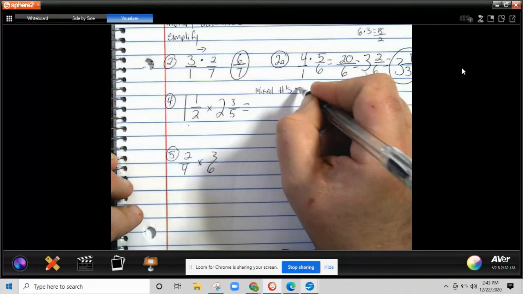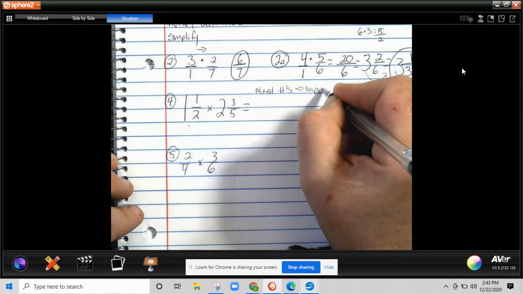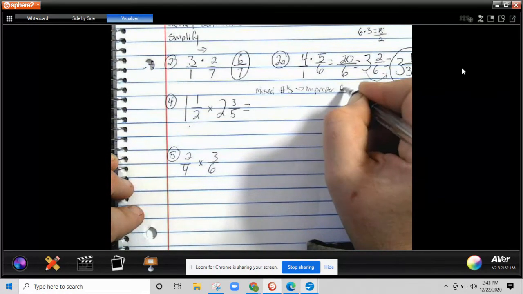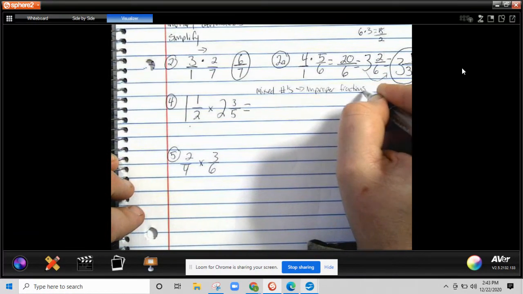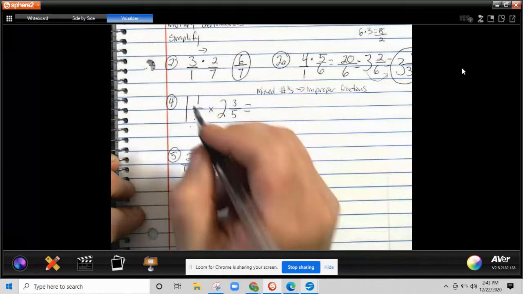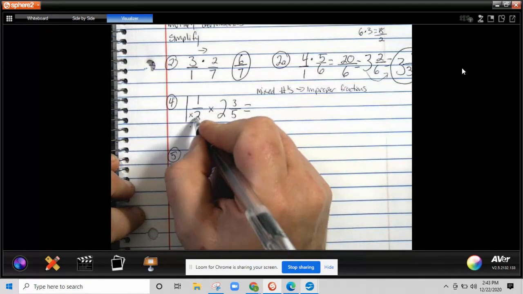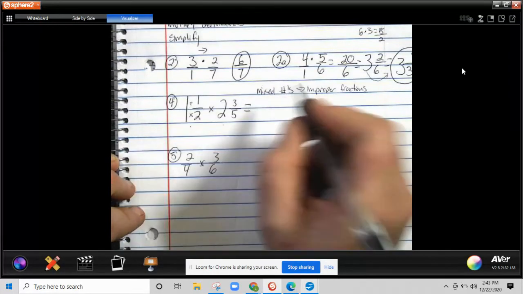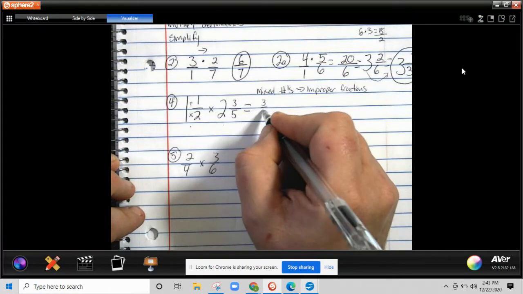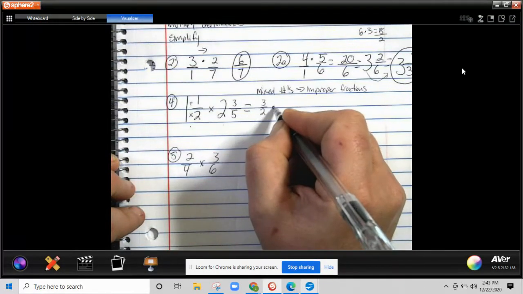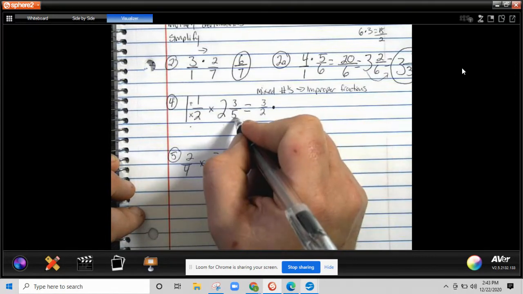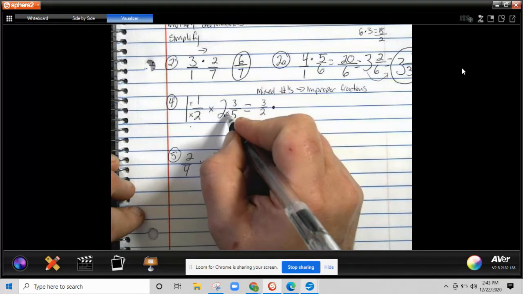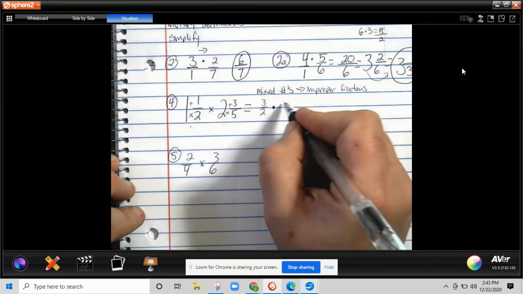I'm going to change them into improper fractions. 2 times 1 is 2, plus 1 is 3. So 3 halves. 5 times 2 is 10, plus 3 is 13.